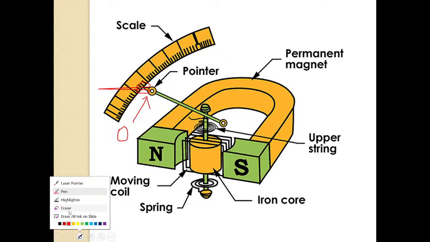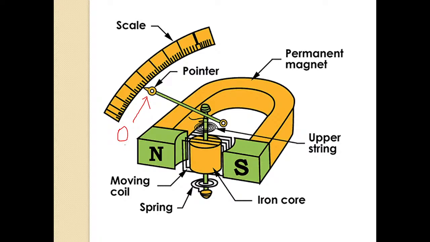Suppose my current is some 1 ampere or 2 amperes, whatever. If my current is around maybe 2 amperes, then as soon as 2 amperes appears, the pointer has to stop. It should not move further.